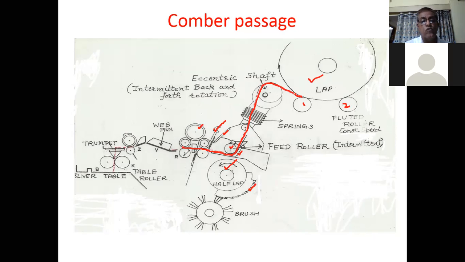These are the two bottom detaching rollers, this and this. So the lap sheet is passing through the detaching rollers, and then it is going like this in the web pan.